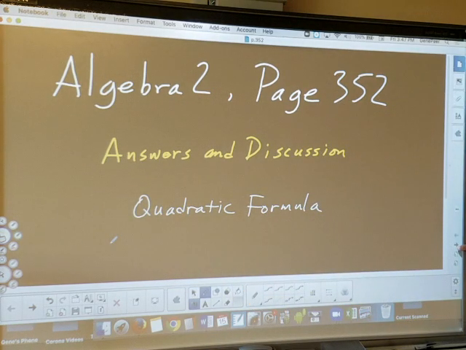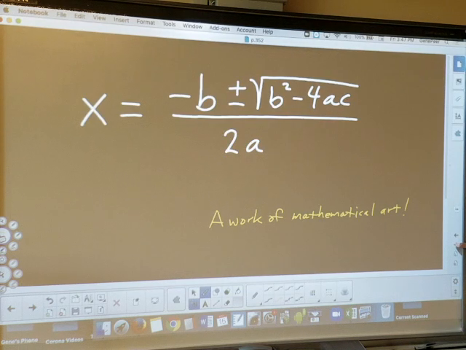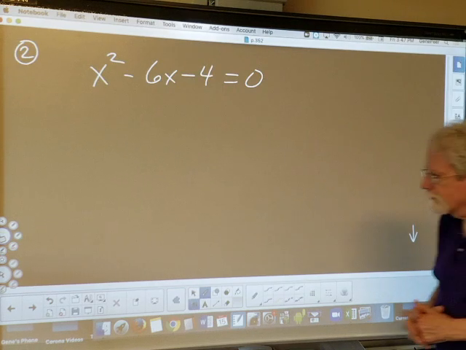The quadratic formula, here we go. There it is in all of its beauty. x equals the inverse of b plus or minus the square root of b squared minus 4ac all over 2a. Let's use it.